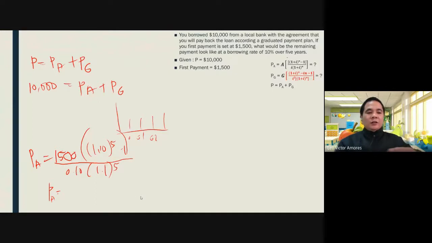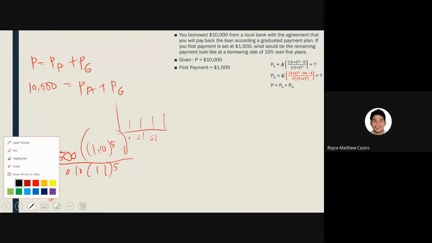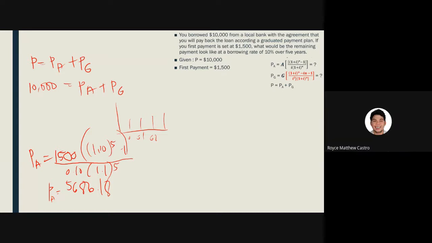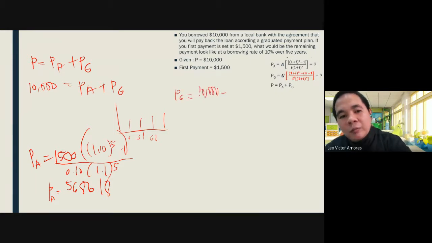P of A is equal to 5686.18. Right? Am I right, class? Yes, sir. 5686.18. So, your P of G is equal to 10,000 minus P of A. Right?